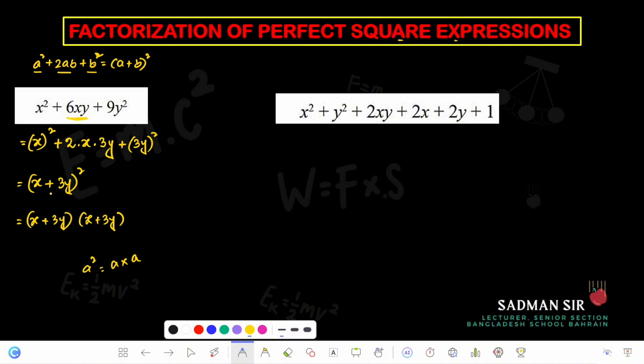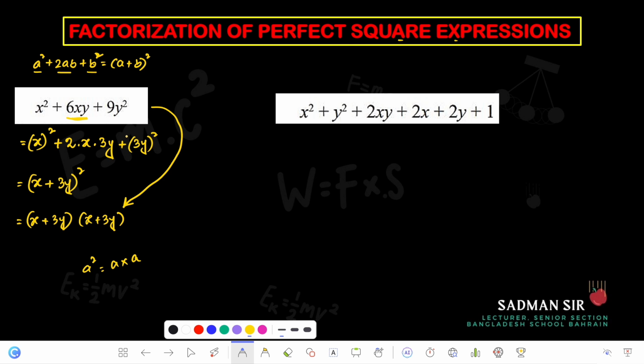Like that, x plus 3y into x plus 3y. Again you can see that this expression has been written as a product of its factors, so we can say that we have factorized the given expression.